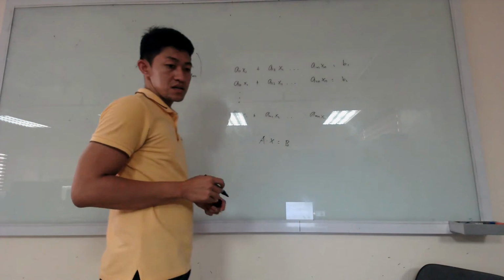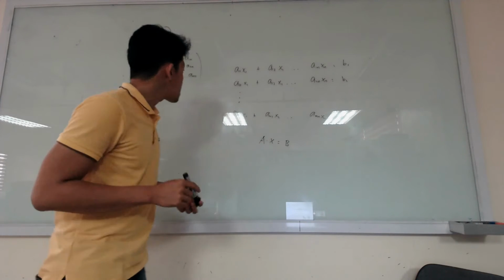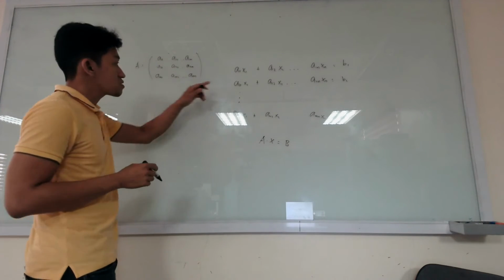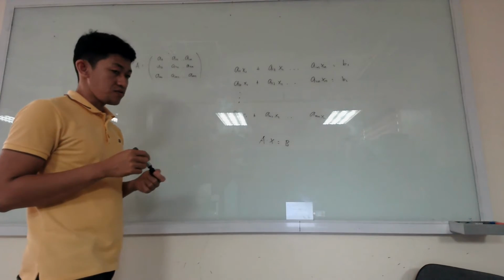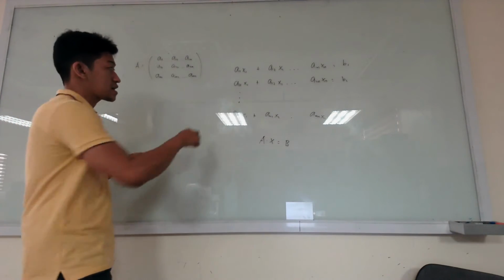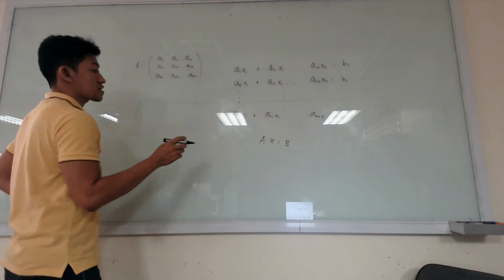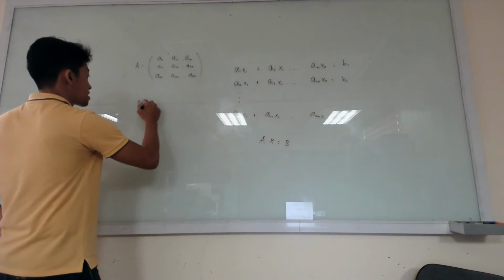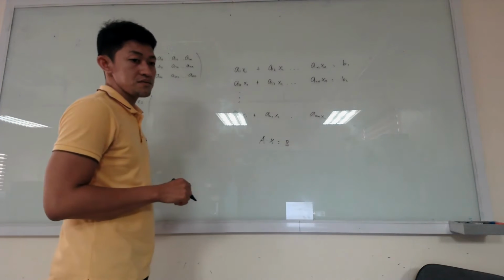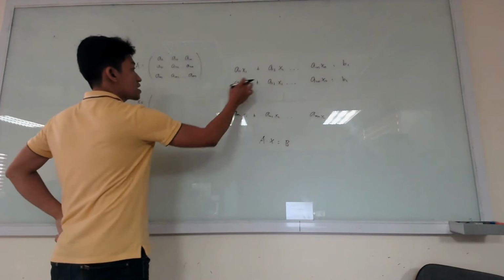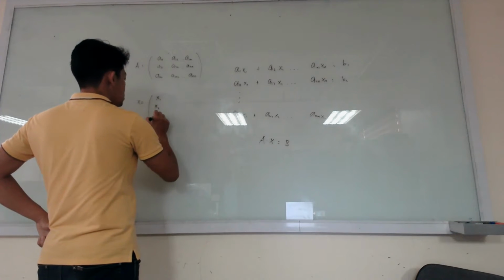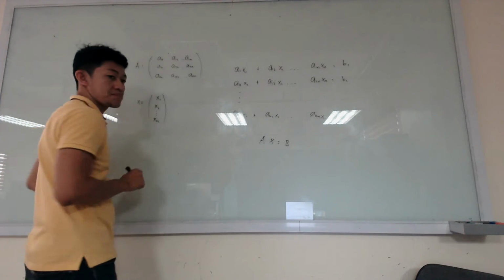Okay, so your matrix A is composed of the coefficients of the linear system. What is x? Your x is the variables, x1, x2, up to xn.